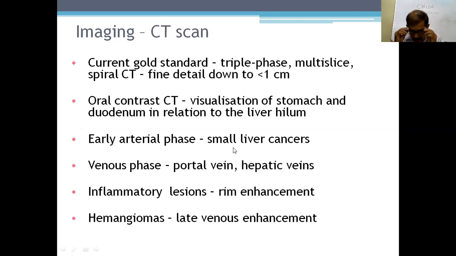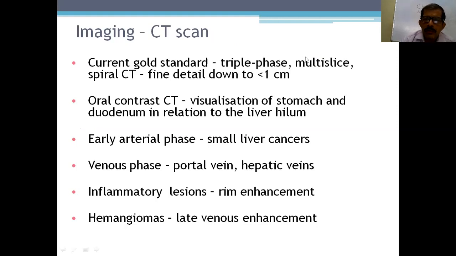So next, let us go to the CT scan. For the liver, this is the gold standard: triple phase, multi-slice CT scan. The number of slices will matter. Can you tell me what is the slice number in our college?